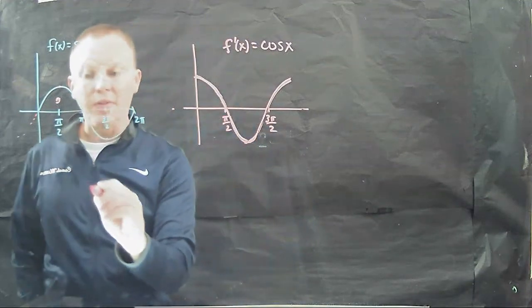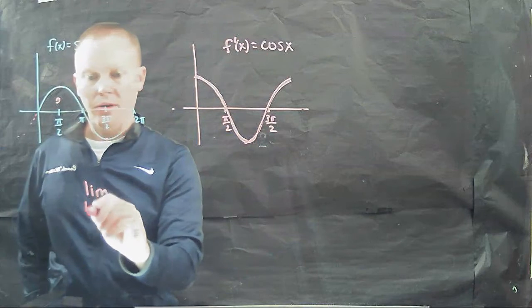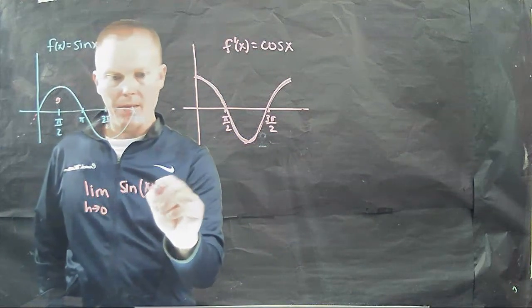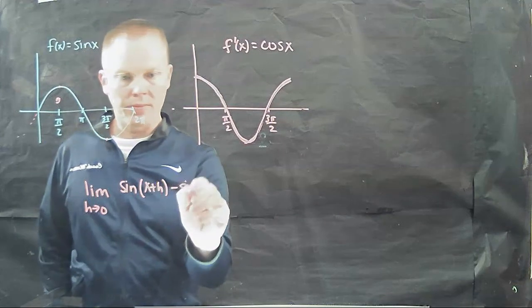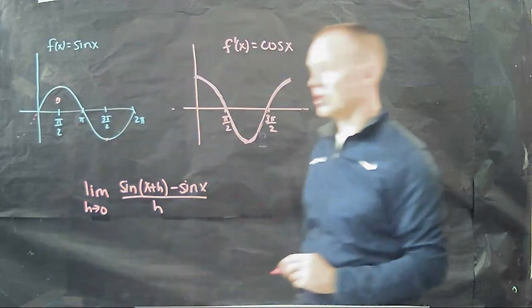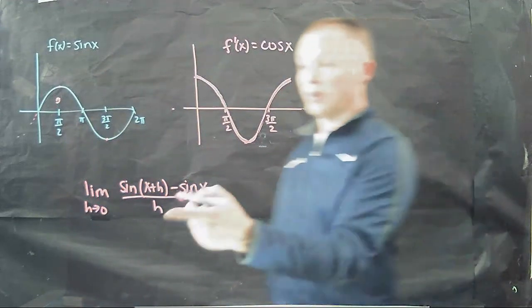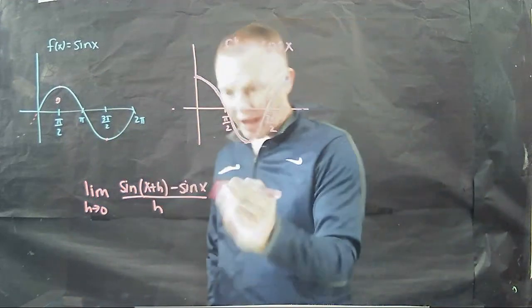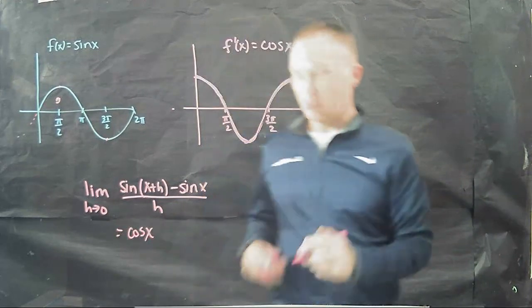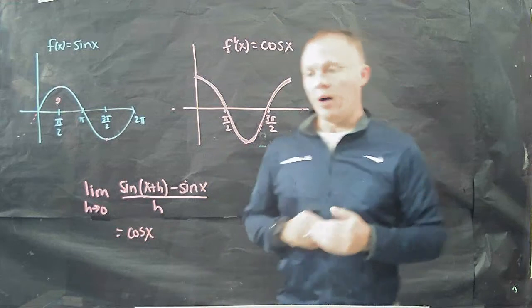In fact, if we were to compute this limit, which we all know is the definition of the derivative of sine of x, the answer that we would get algebraically is cosine of x, okay?